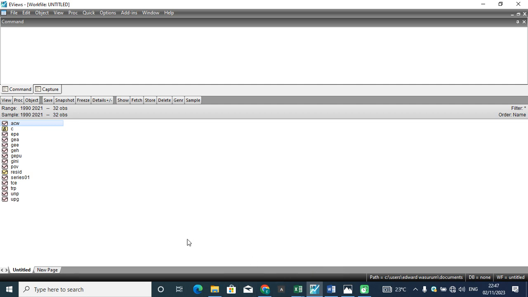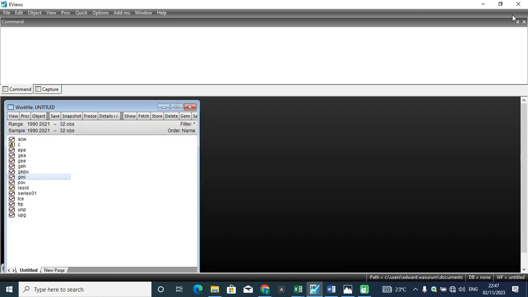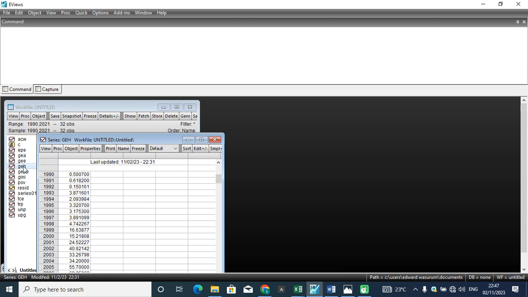Here is my EViews workfile, untitled. I have multiple time series data here, but I want to look at the Gini index. Okay, no, let me not use the Gini index. Let's use government expenditure on health in Nigeria spanning from 1990 to 2021.